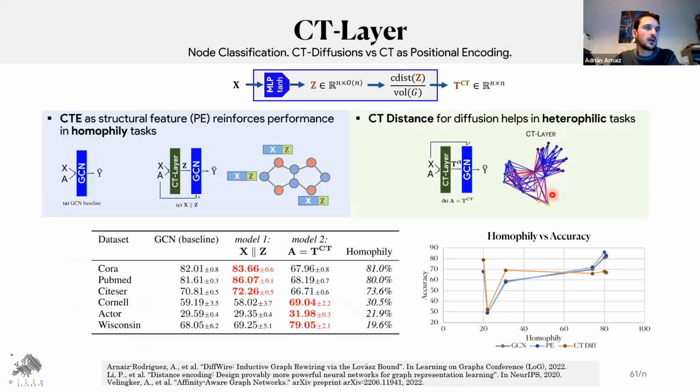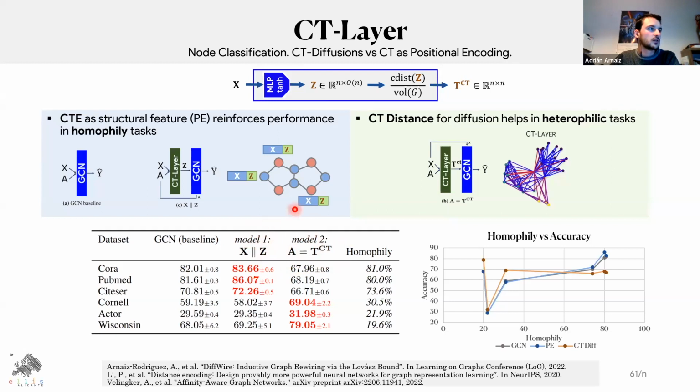We have also performed node classification experiments. We have made two models, as we have said. You can use the commute times embedding as positional encoding, or you can use the commute time distance as adjacency. Both of them are learned.